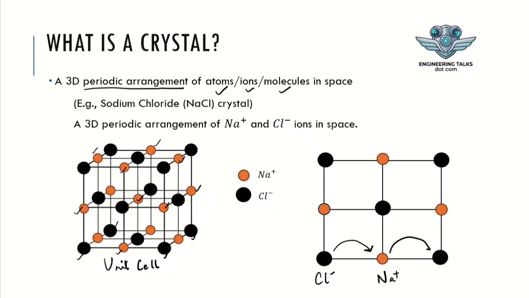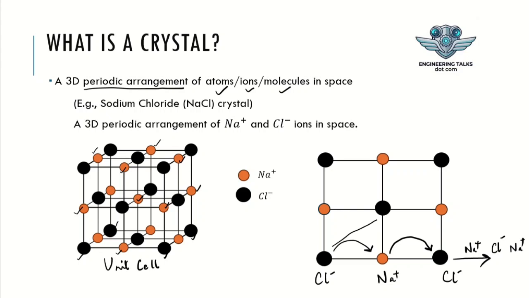Then after the sodium ion comes the chloride ion. So if we move along the edge, after the chloride ion, we will be able to see the sodium ion. Then comes the chloride ion again. Then comes the sodium ion. So if we move along this edge, we will be able to find this pattern being repeated.